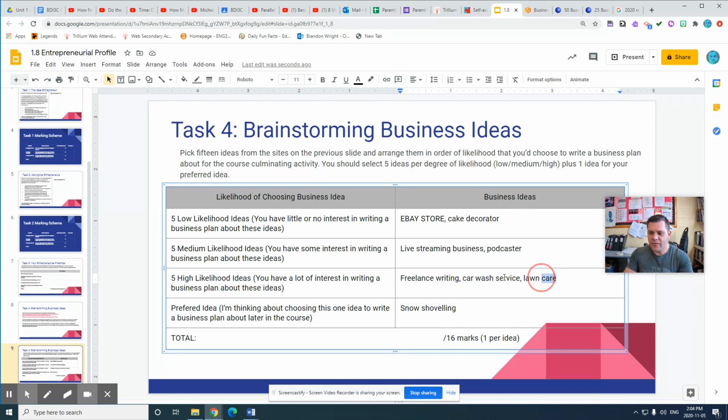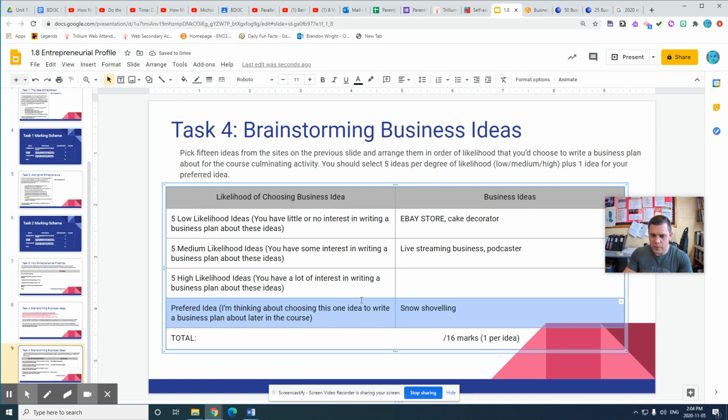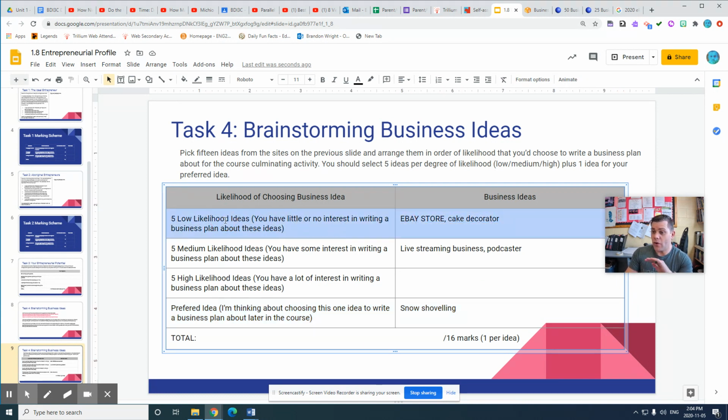So you should have 5 ideas per row plus 1 idea for this row. And this row is your preferred idea. This is an idea that you would want to write a business plan about later on in the course, in Unit 2 and for the culminating. This row is all about what you don't want to do.